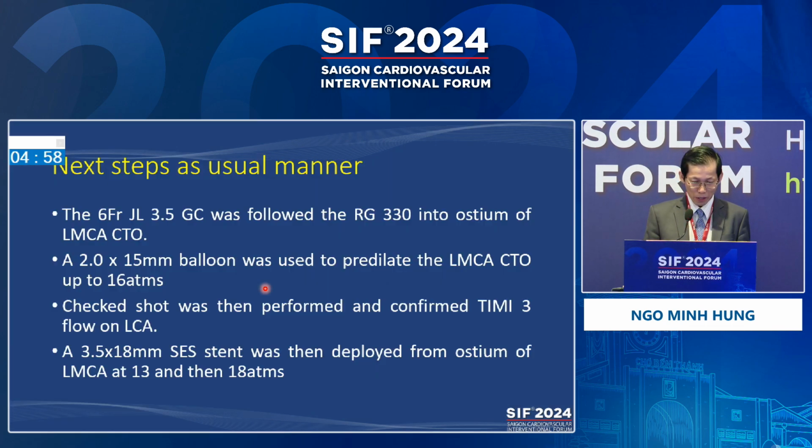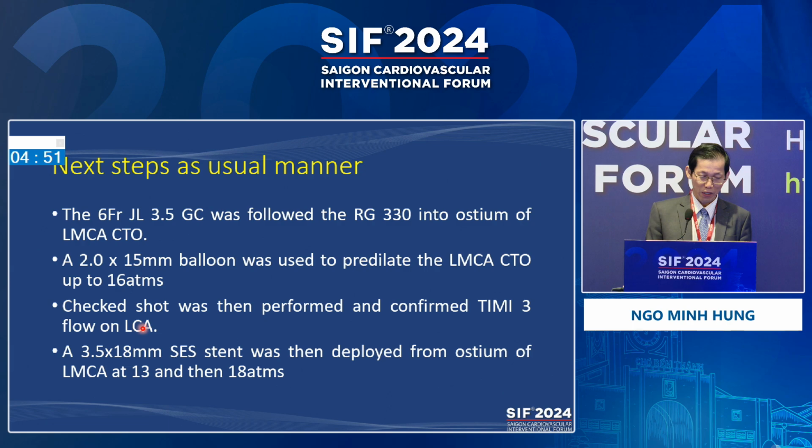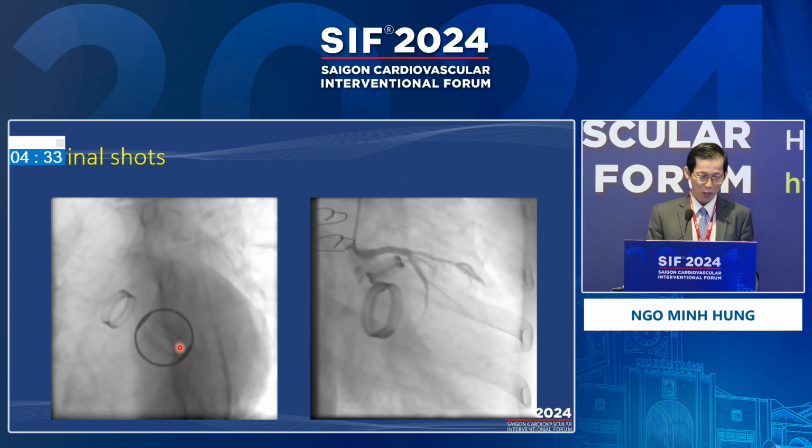Okay, and now we have already captured at the subclavian artery, and now we just do the intervention in the usual manner. Use the 2.0 balloon, do the balloon inflation, and then the 3.5 by 18 millimeter DES for the left main trunk, and then we do the final.